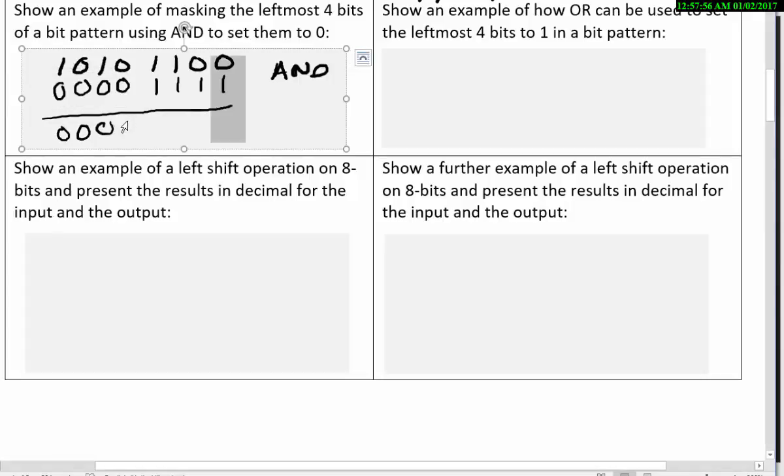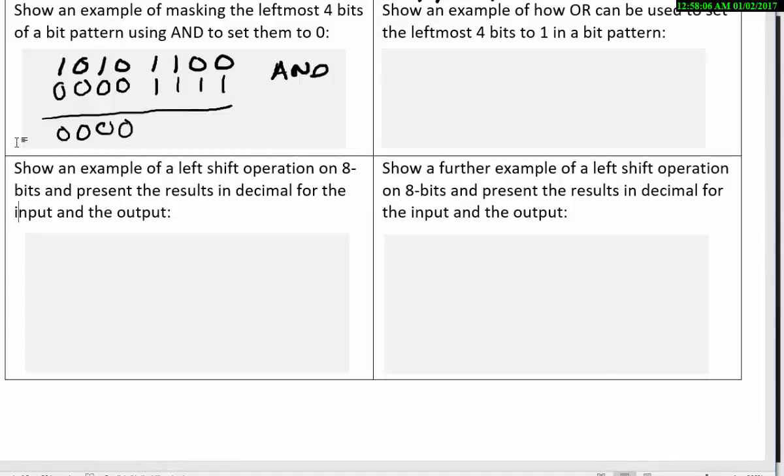Anything with a 0, it's a 0. Whereas that will remain the same as what it was before. So that's taken away the first 4 bits.